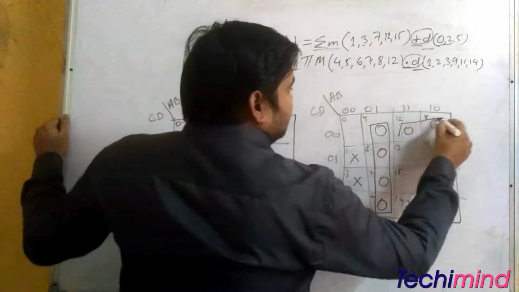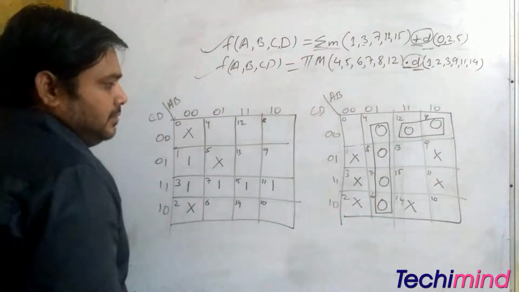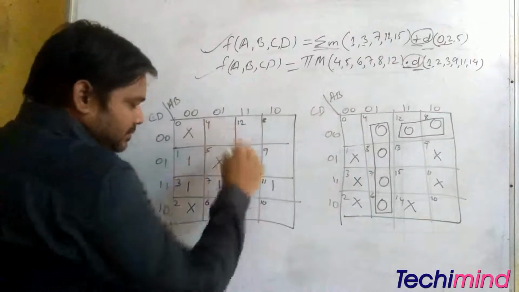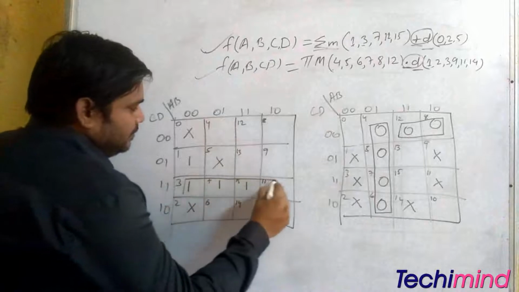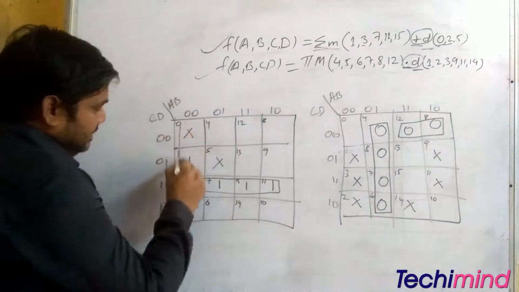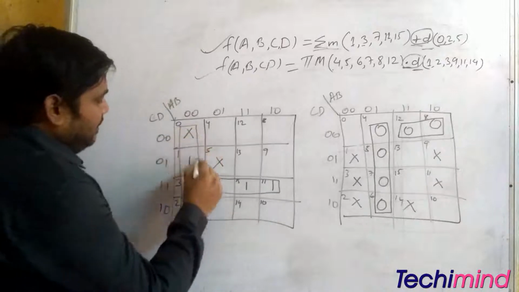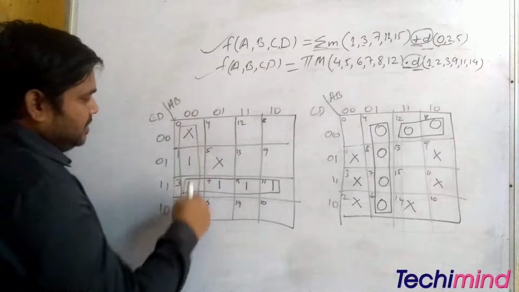So we have the first adjacency. Here we have the second adjacency. In this K-map we have an adjacency of 4. We are using don't care condition here because there is a cross.